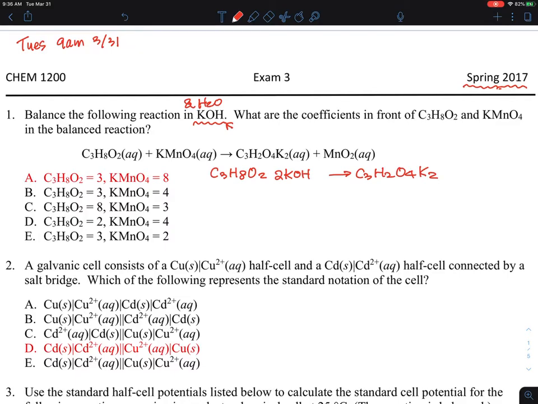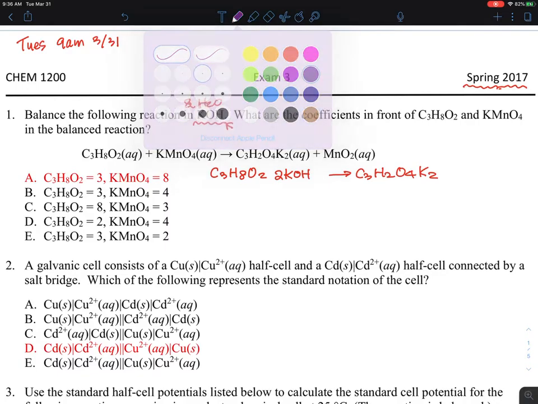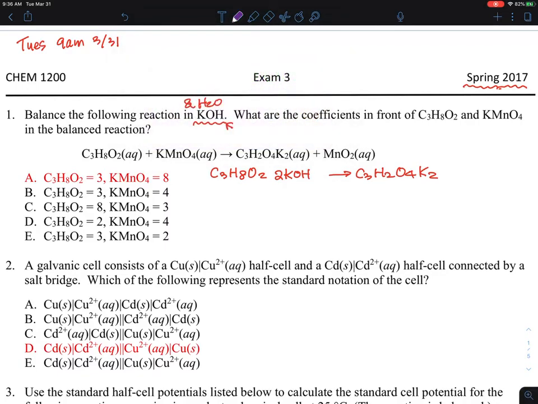Once I finish the KOH, I am going to see how many oxygens I have. How many oxygens do you have?